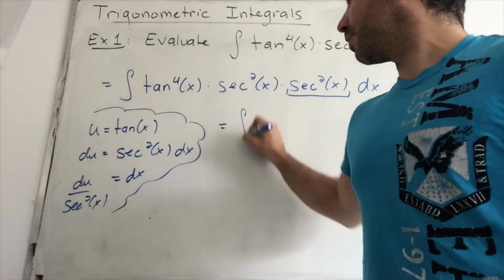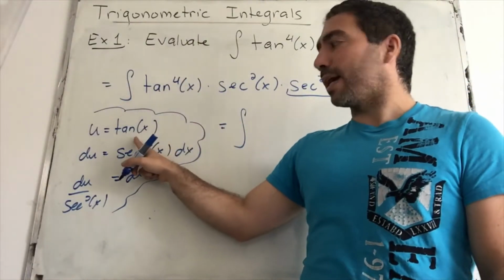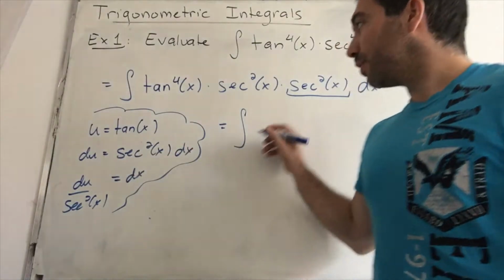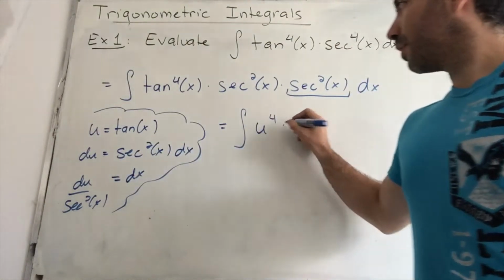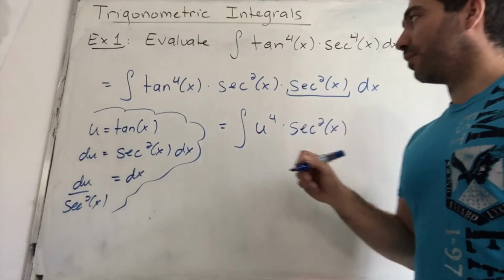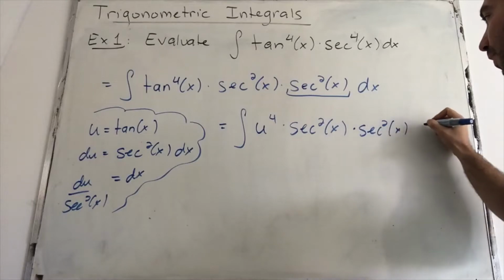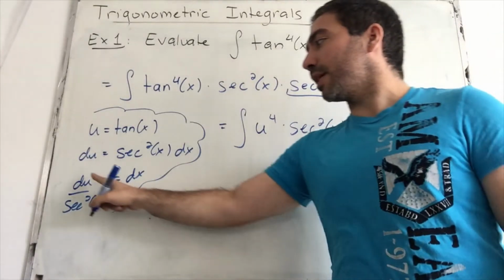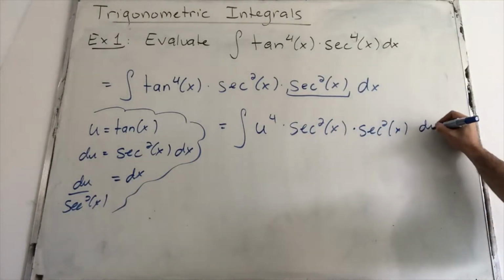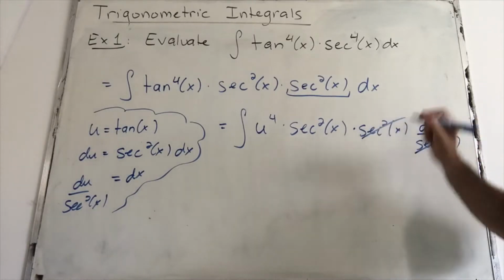So this gives us the integral; I'm going to substitute in terms of u. Tan to the 4 of x, tan is expressed as u, giving us u to the 4, times secant squared. There's nothing we can do about this one, we have to leave it. This secant squared as well, we have to leave it. And dx we can express as du over secant squared, which cancels with this one here.